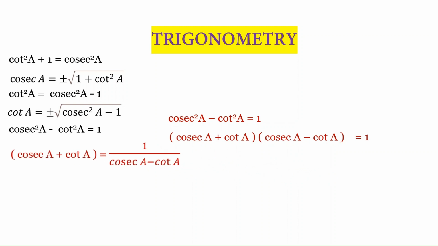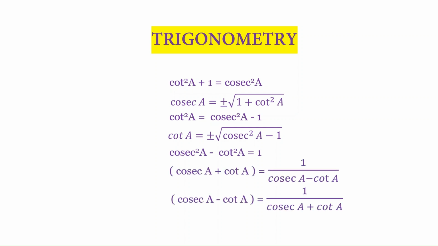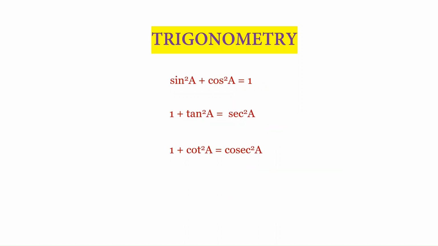And if we transpose the other term, it gives cosecant A minus cot A equal to 1 by cosecant A plus cot A. So this gives the remaining formulas. These three are the basic Pythagorean trigonometric identities. If we rearrange the terms, we will get different formulas.